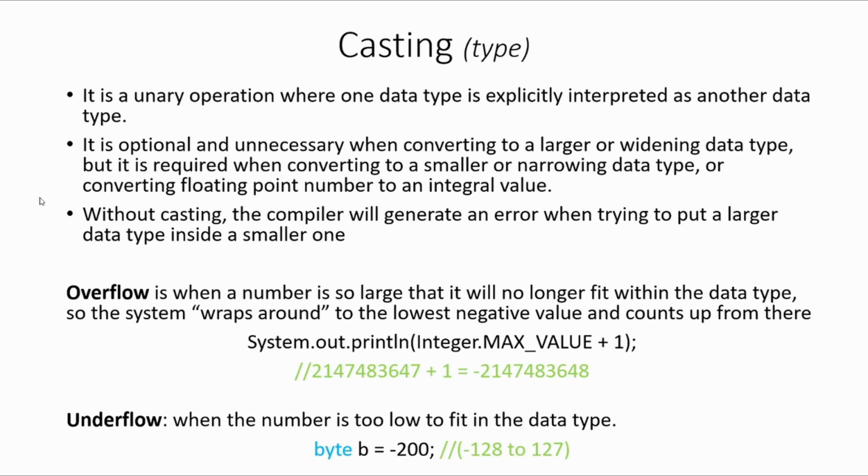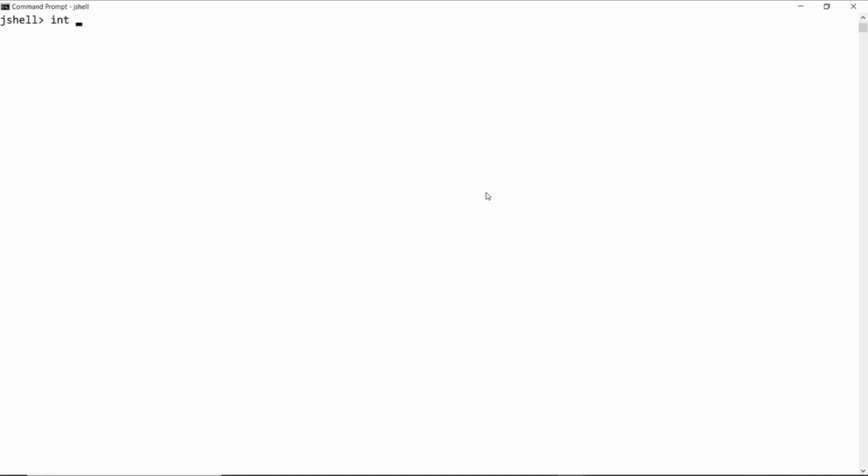Let's see that. I create an integer, int fur, and I can write 5 here, or I can write int here, so it is an extra.